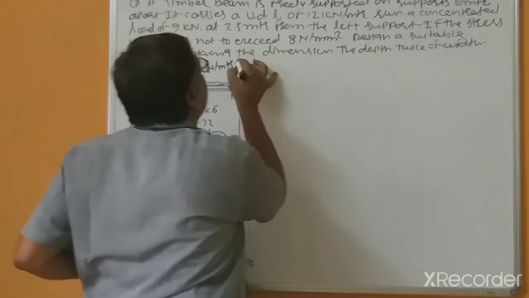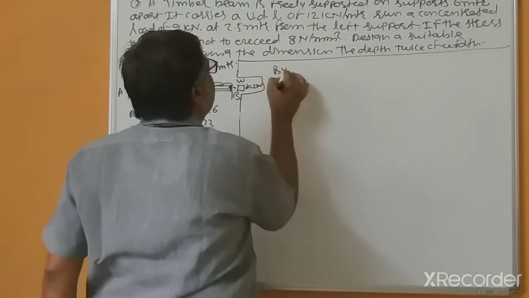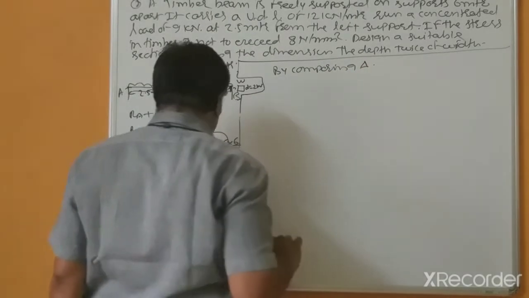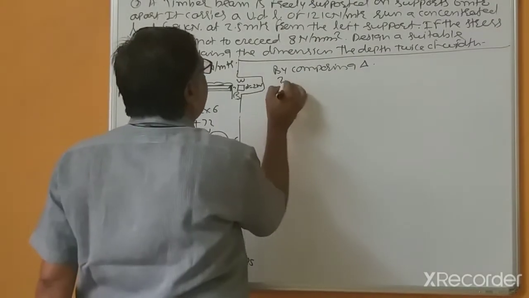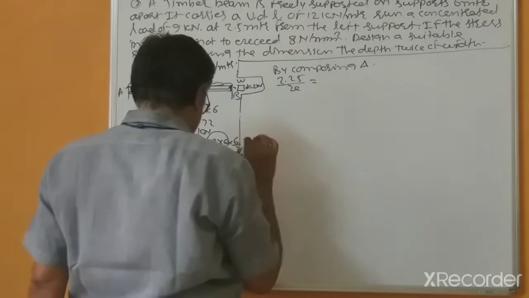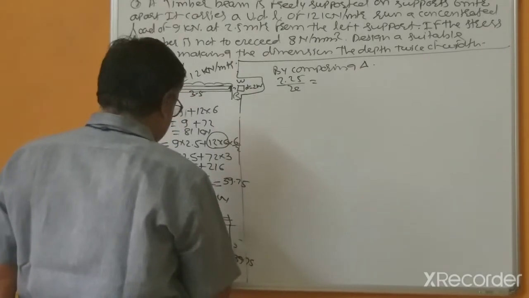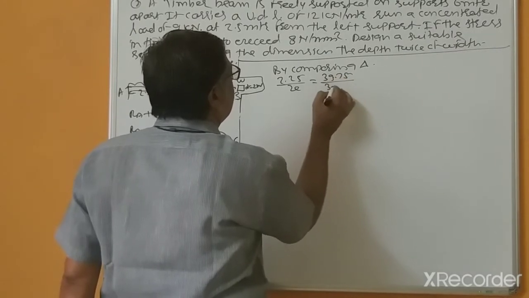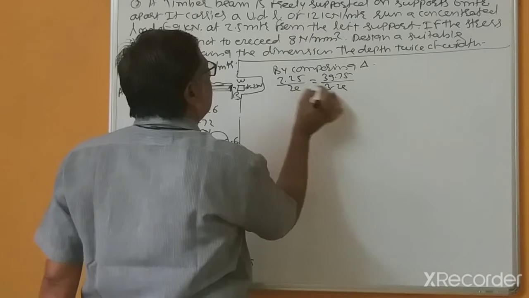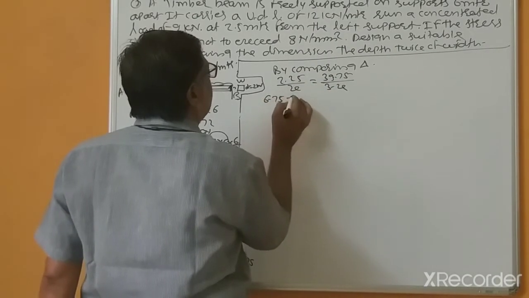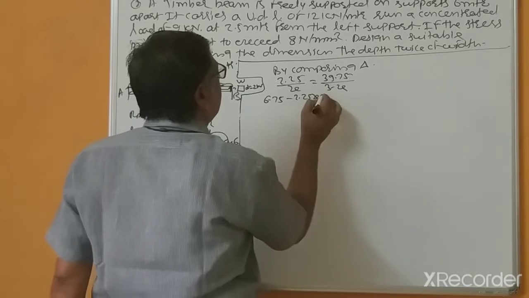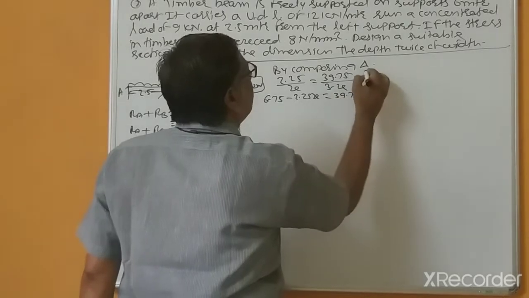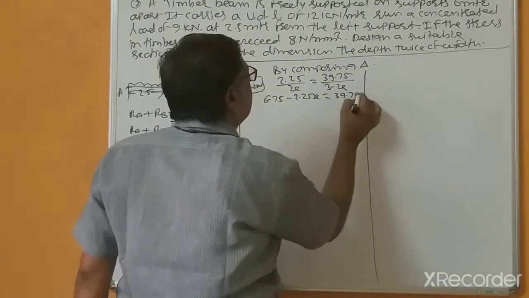So by comparing triangles, 2.25 divided by x equal to 39.75 divided by, this is 6.75 minus 2.25, x equal to 39.75 x.